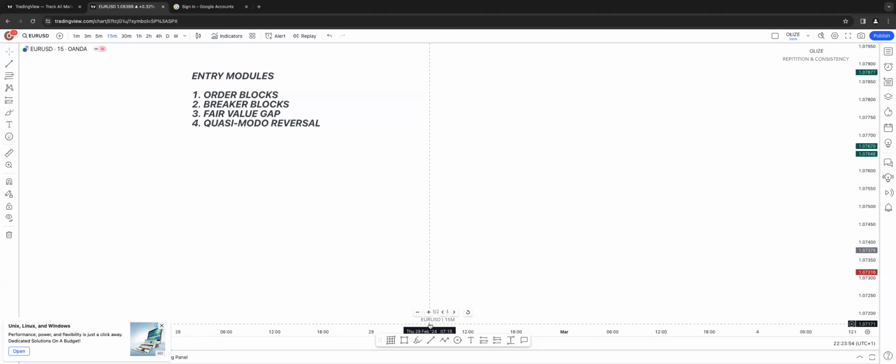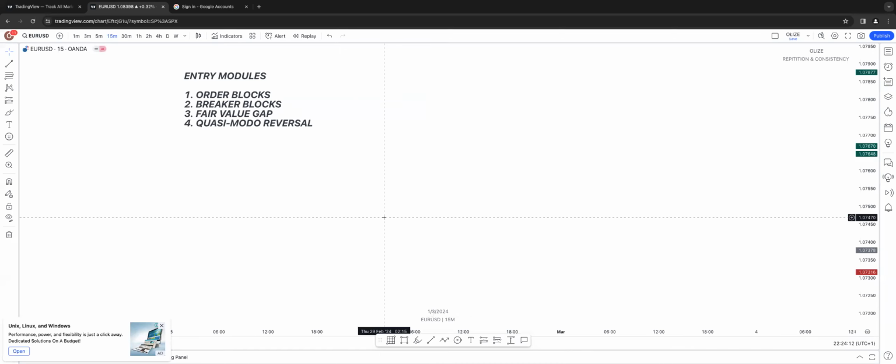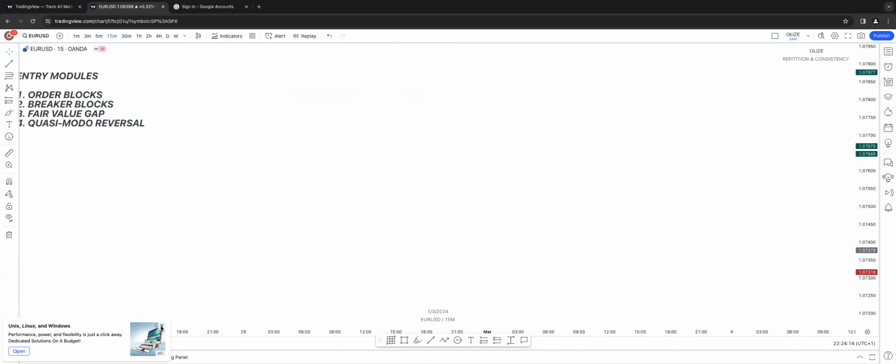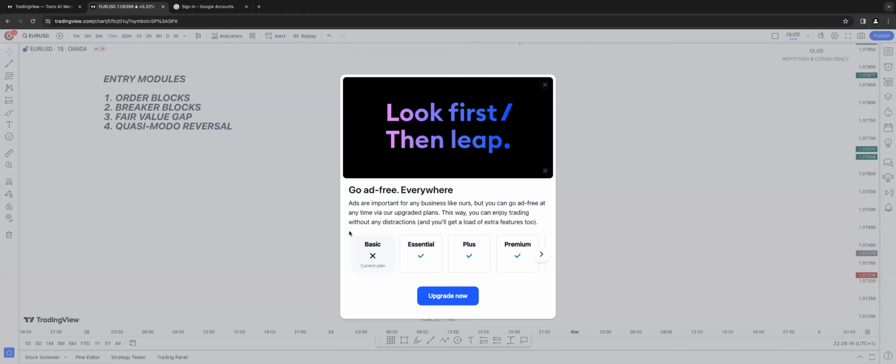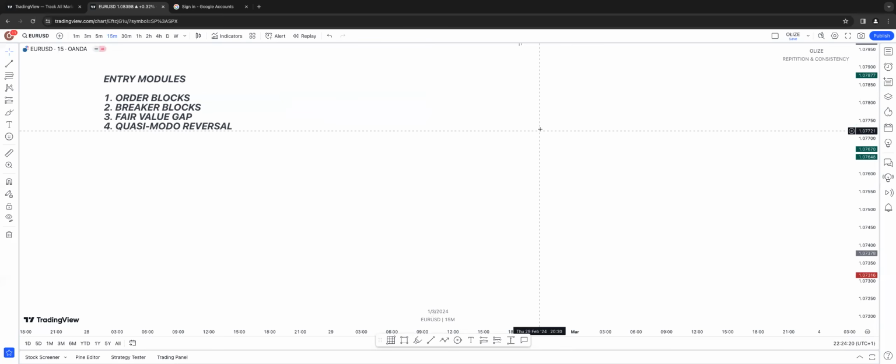Order blocks are basically areas, specific areas on a price chart where significant buying or selling activities have occurred.